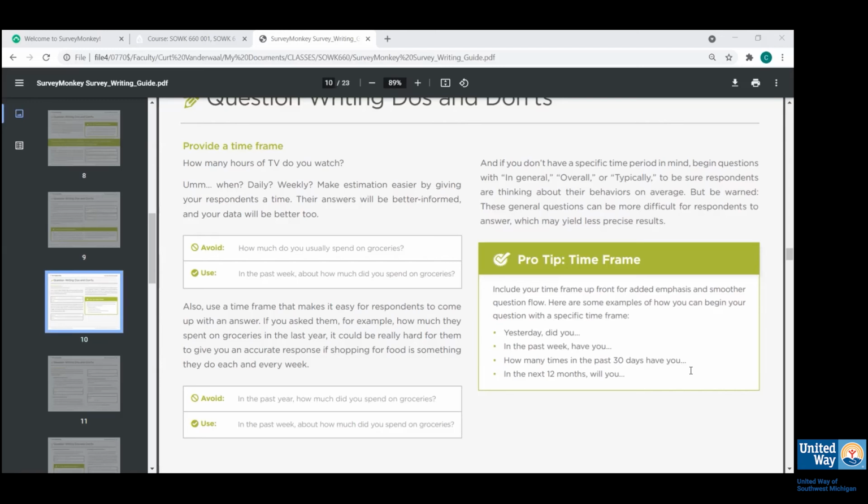I'm always amazed when I just type in a Google search, measurement of, I don't know, anxiety, or measurement of reading behaviors, or measurement of vaccine awareness. We live in a country that has millions of people, and of those millions, dozens of them at least are probably doing similar things to what we're trying to do, because human problems are human problems and they occur in lots of places around the country.